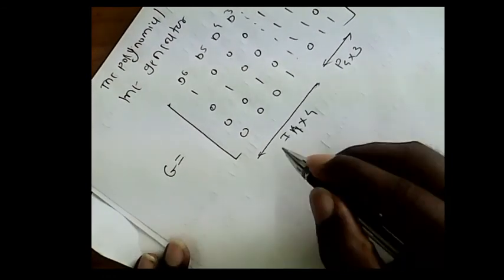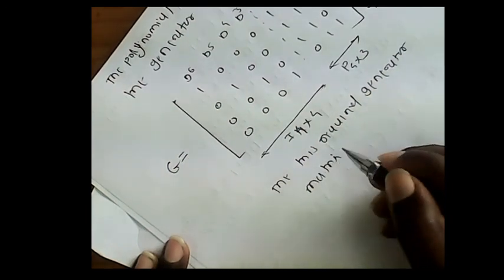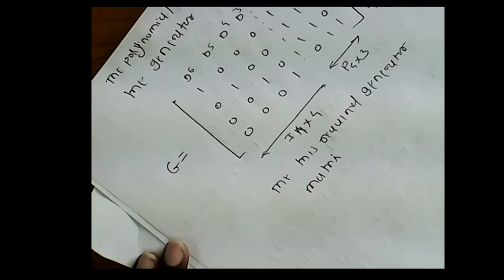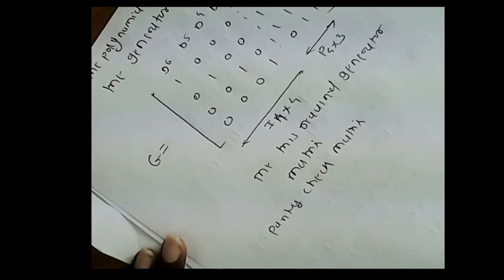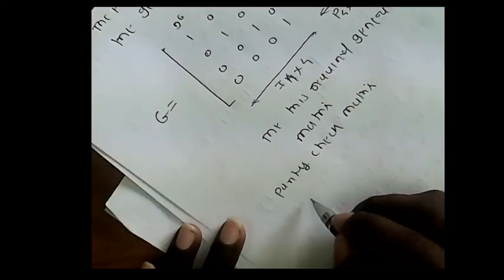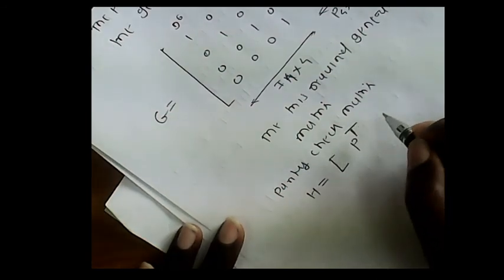So we can get the generator matrix, capital G, is equal to this. So this is the required generator matrix. Now second, to find out the parity check matrix, the standard format of the parity check matrix is the transpose of the parity matrix and the identity matrix of order 3 by 3.